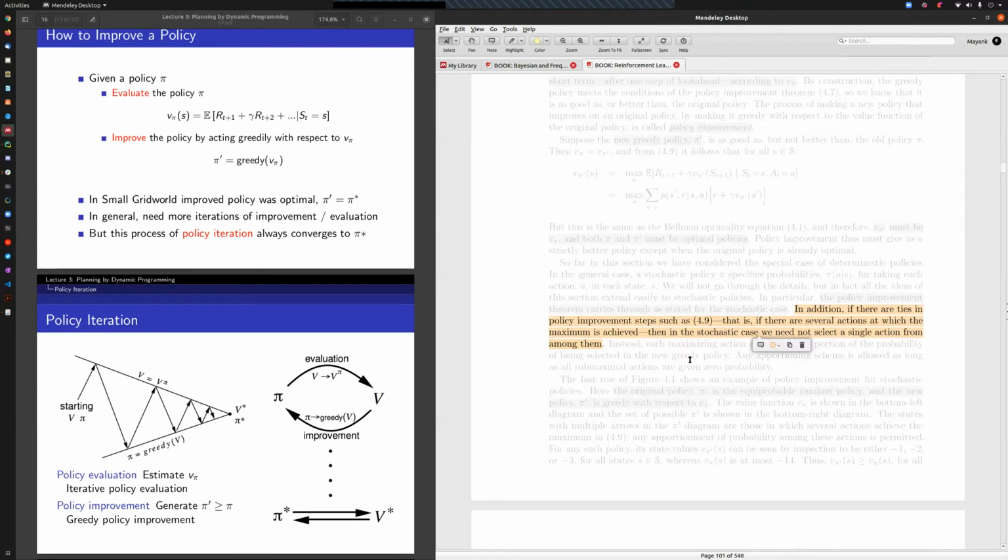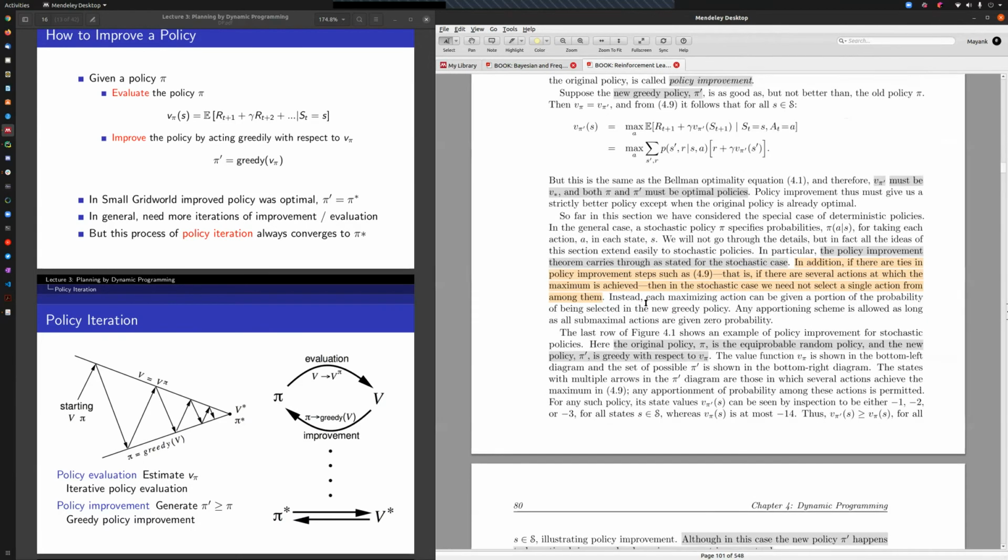This is in a specific condition. In addition, if there are ties in the policy improvement step, such as in equation 4.9, that is, if there are several actions at which the maximum is achieved, then in the stochastic case, we need not select a single action from among them.